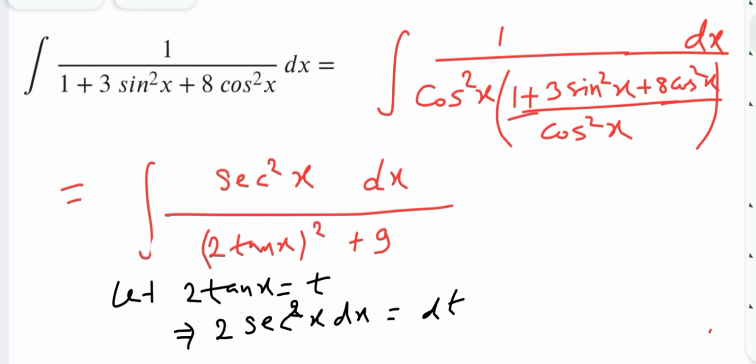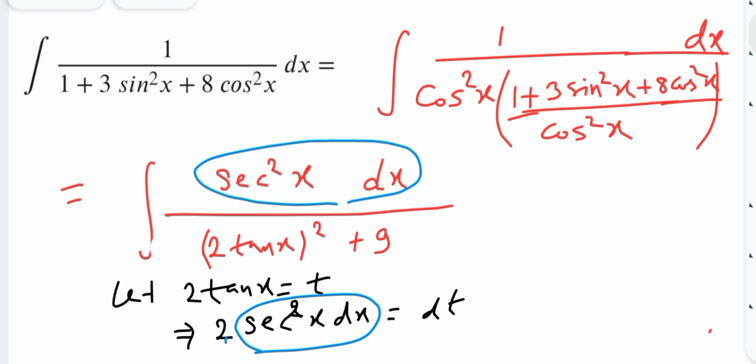And in the numerator, we have this secant square x dx. So this 2 I will take to the right side, and it will become dt upon 2. Now I replace 2 tan x with t, and secant square x dx with dt upon 2. The numerator will be dt upon 2.